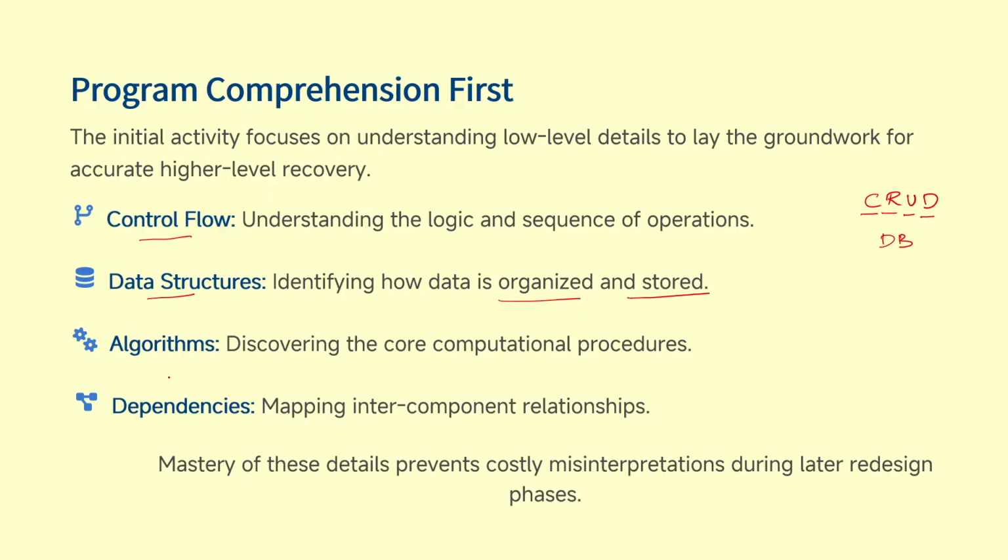So the algorithms are trying to discover the core computational procedures. And the fourth one is whether there are any dependencies with respect to another component. This component could be a commercial component or another component that is built within the program itself.